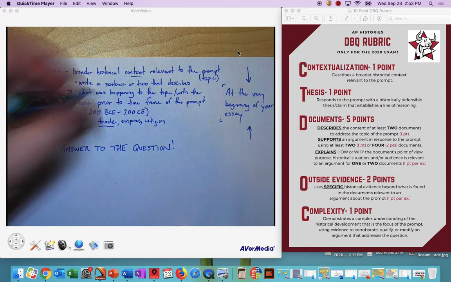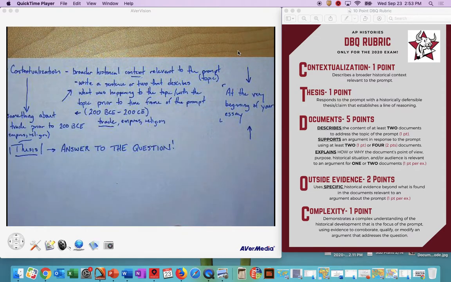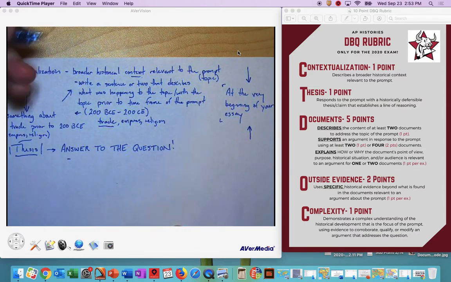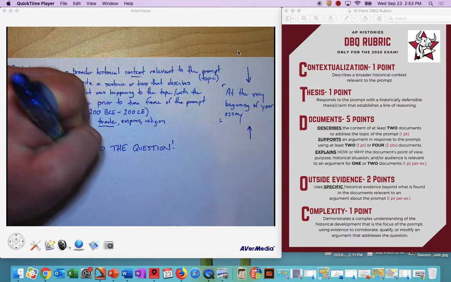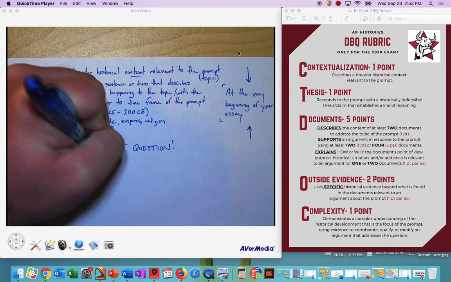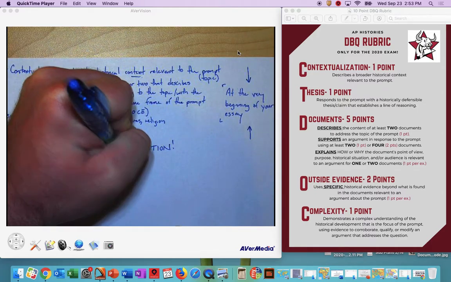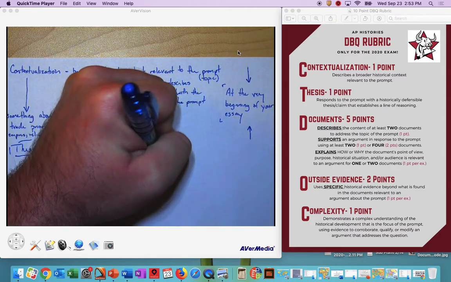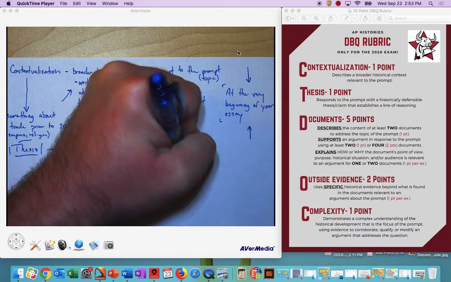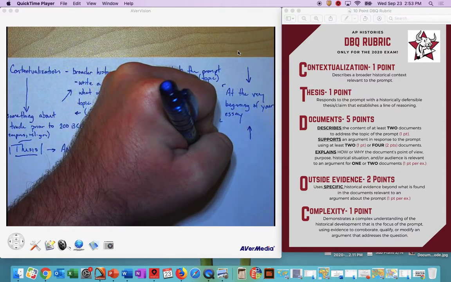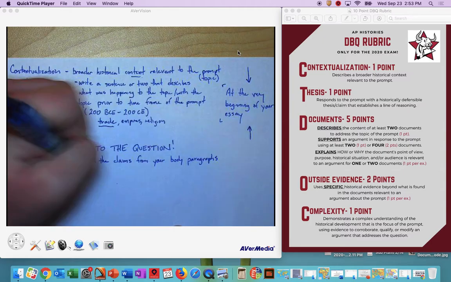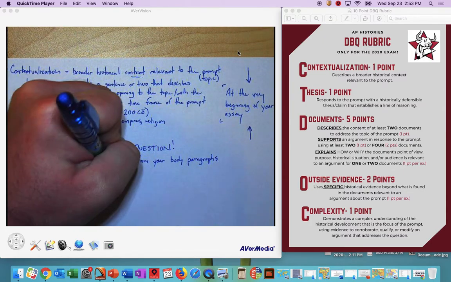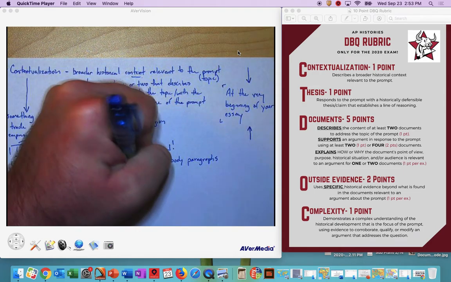Fortunately for us, a thesis is really easy to write. Because to write a thesis, all you have to do is take all the claims you're going to write, all the claims from your body paragraphs, and put them all in your thesis.